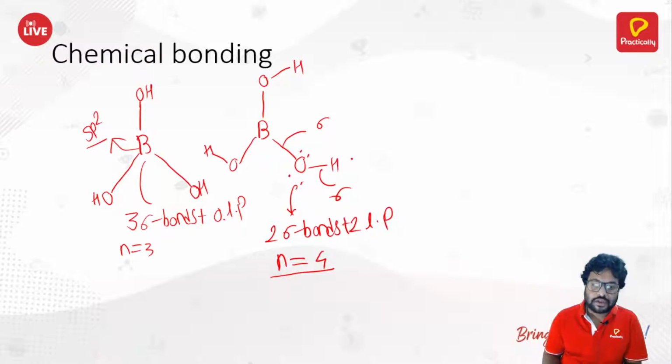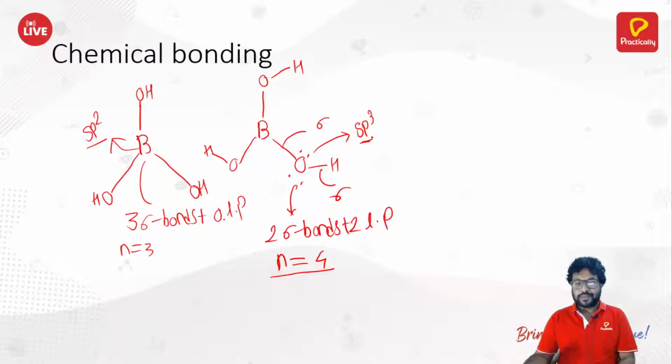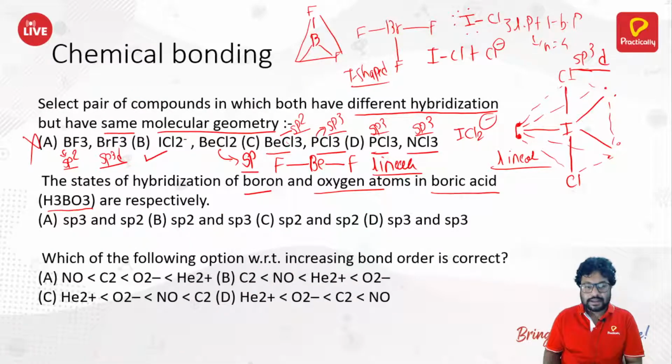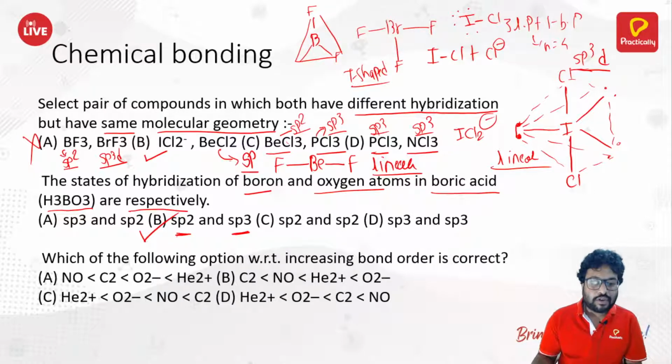So N together 4. That is why the hybridization of oxygen has to be sp3 there. Okay, it has to be sp3. Now let's move to the last. So what they ask, what is the hybridization of boron and oxygen atoms in boric acid? So boron, respectively, they asked. Okay, so for boron it's sp2 and for oxygen it's sp3, and that is why our answer has to be B.